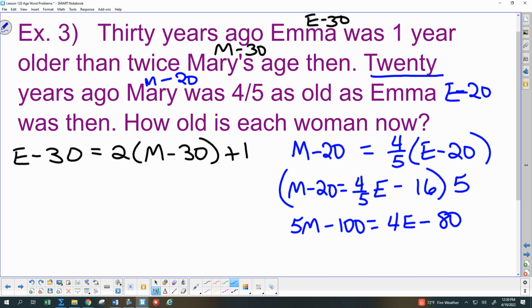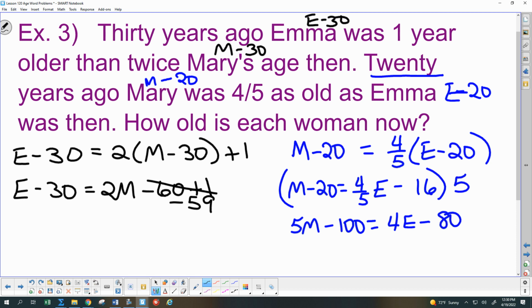Does that seem about right on that one? Is that what you guys are getting? As always, be sure you're double checking my work as we go through these. And if we clean up the one on the left, that minus 60 plus 1 could be a minus 59.